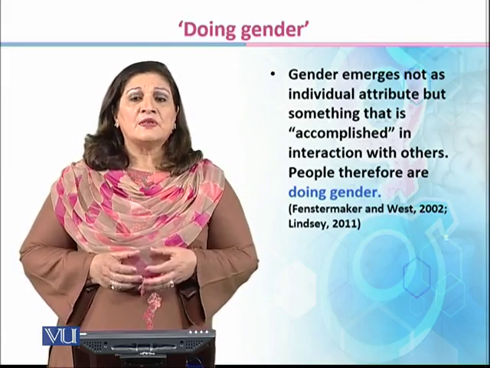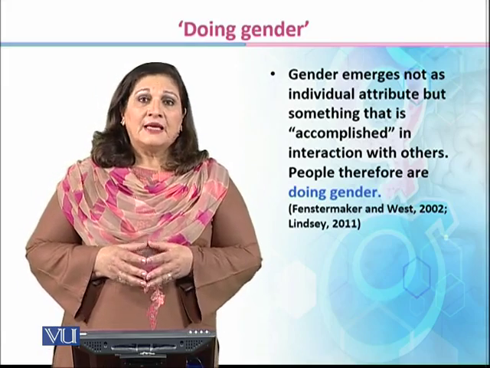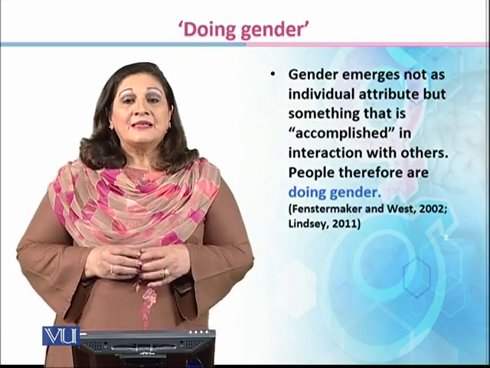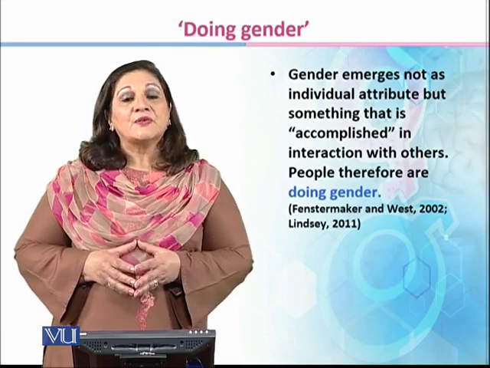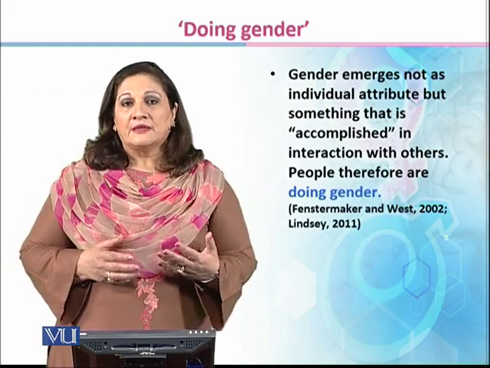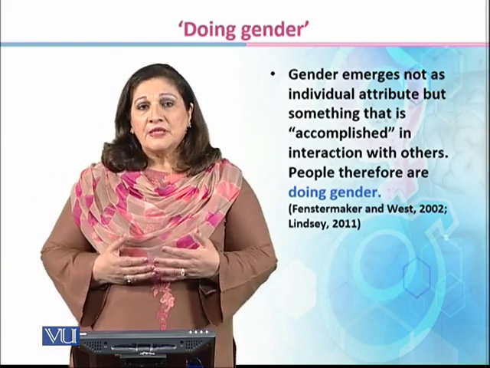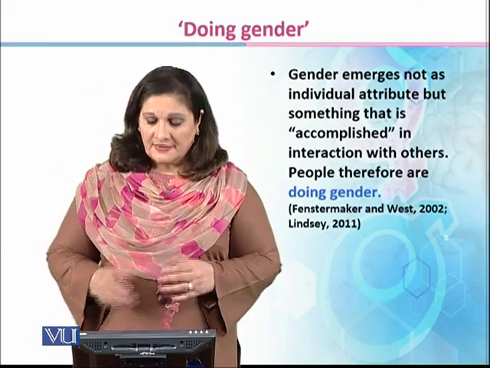Gender does not emerge as an individual attribute or a characteristic that people were born with. It is something that is accomplished because of whatever was happening in the society. Therefore, gender is what we are doing. It is how we perceive gender, what meaning we attach to it, and how we deal with people belonging to different genders.